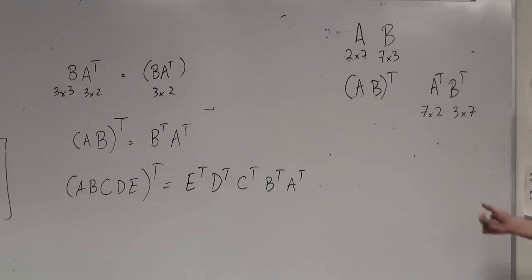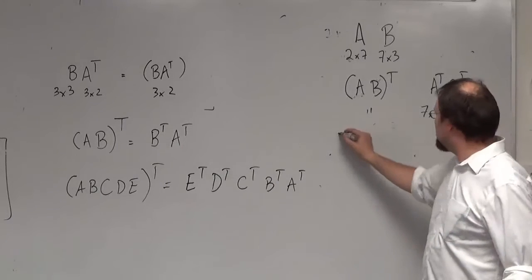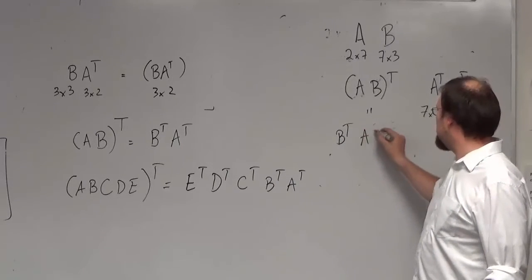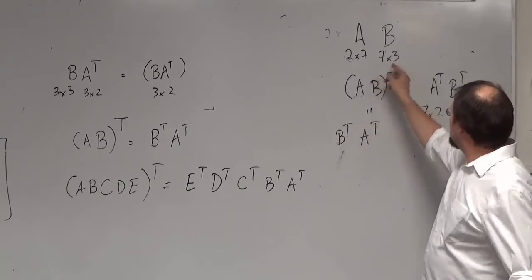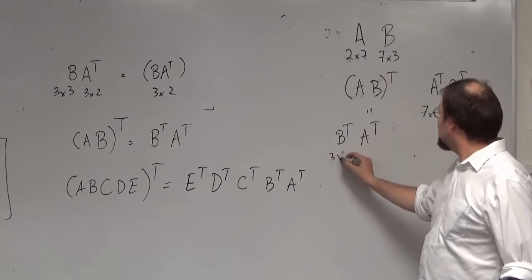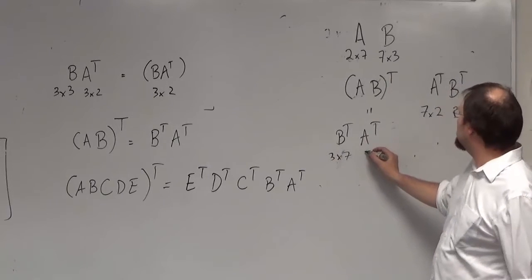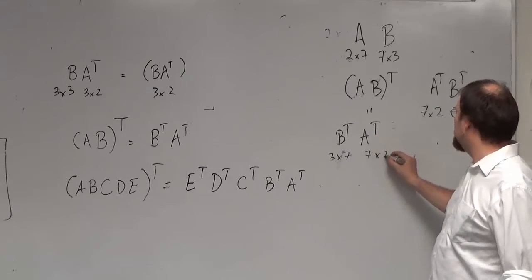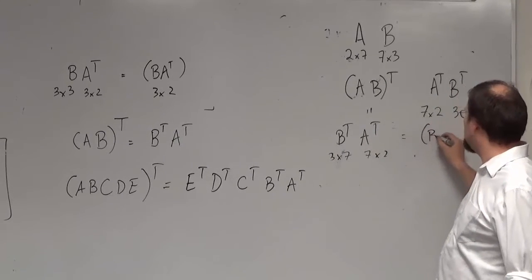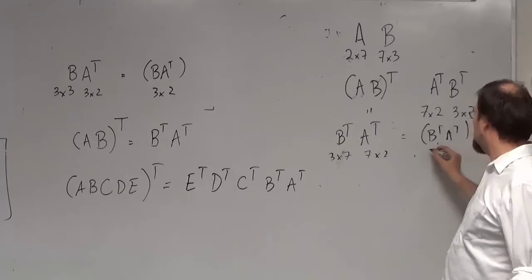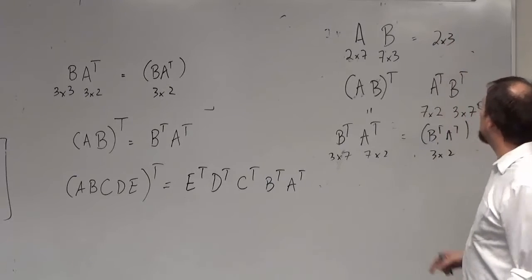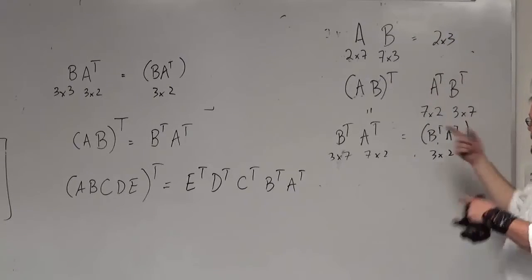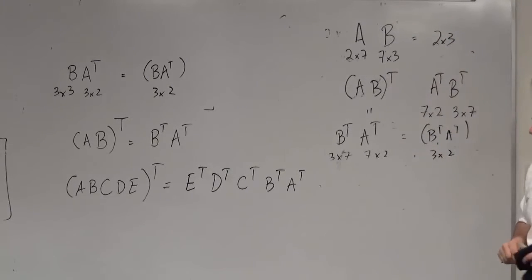So it just doesn't make sense. But the correct thing to do is say it's B transpose times A transpose, and the sizes are consistent. So B transpose is 3 by 7, A transpose is 7 by 2, so the resulting matrix would be 3 by 2. The original is 2 by 3, which makes sense. If the product is 2 by 3, the transpose of the product should be 3 by 2. All right.